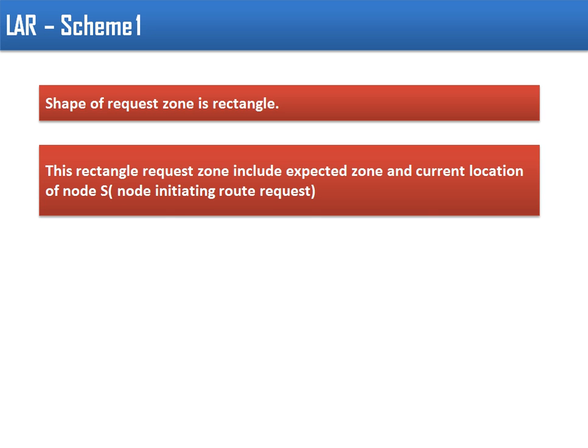In this scheme, the shape of the request zone is considered a rectangle, and the second constraint is that this rectangle will include the expected zone and the current location of node S. We are considering S as the node who is initiating the route request query.